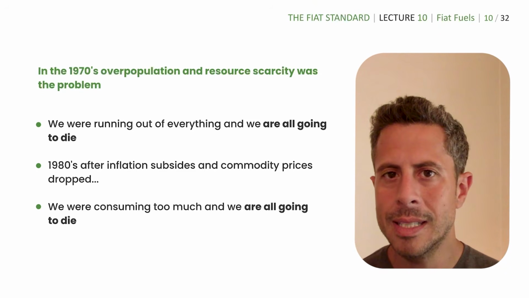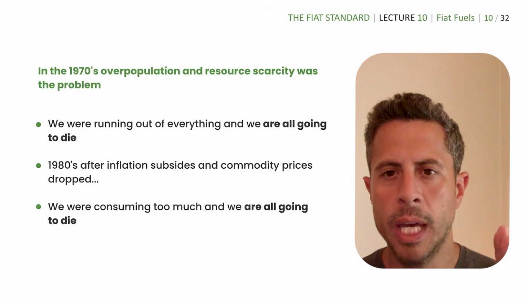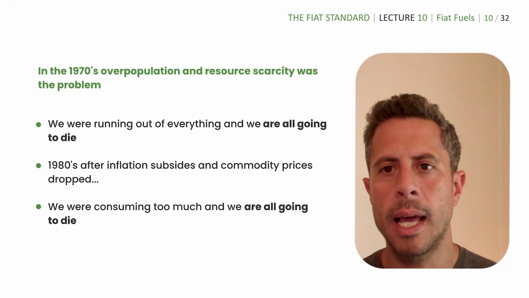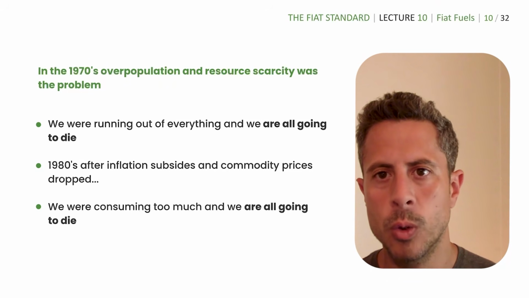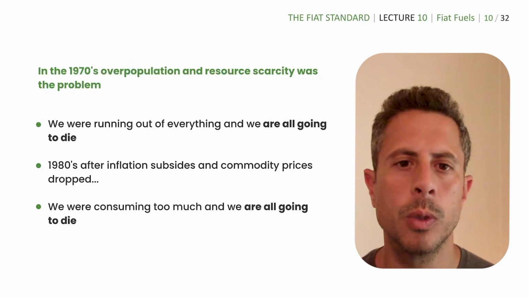The two exactly opposite realities. I mean, you can't believe the two things. You can't believe that we are at once running out of oil and also we have too much oil. It's one of the two. It can't be both. So either we have too much oil or we're running out of oil.